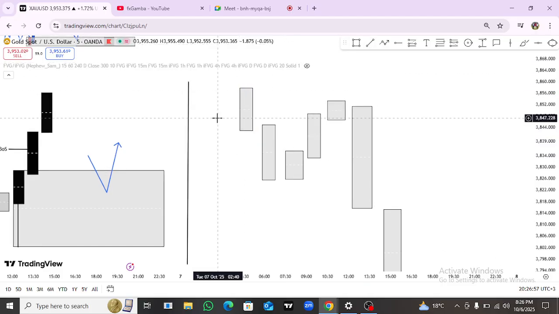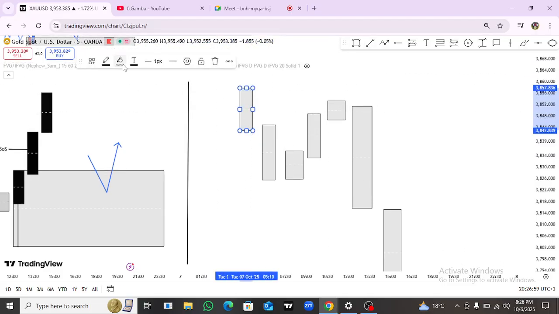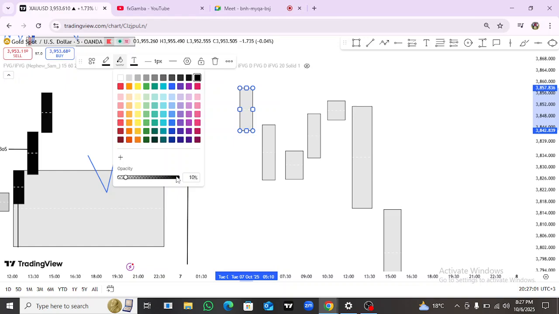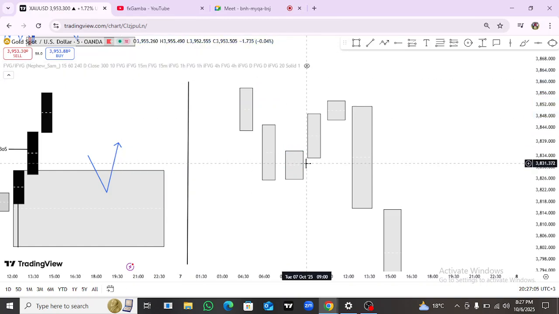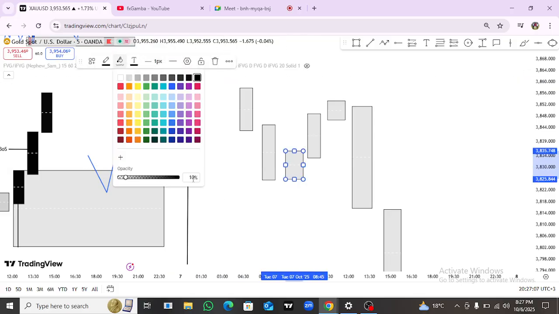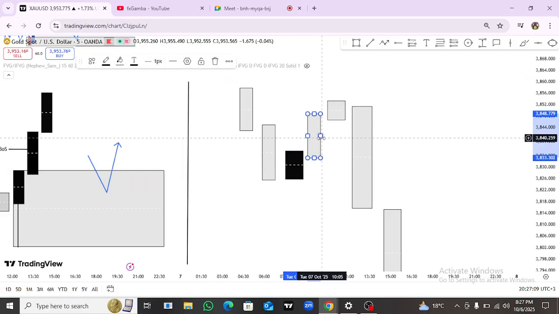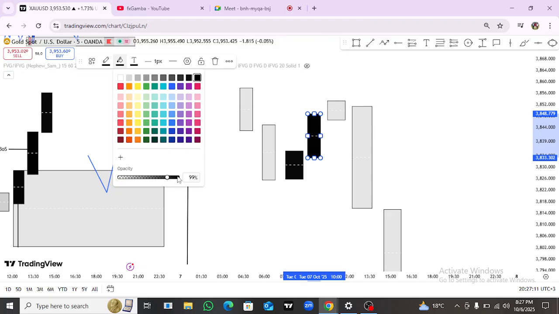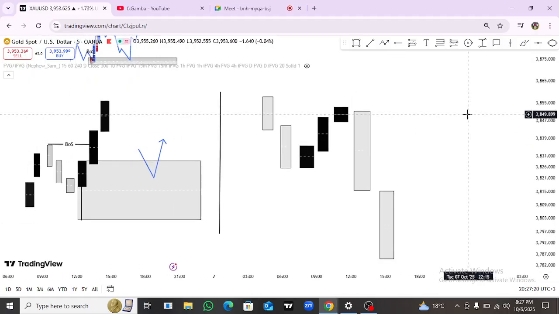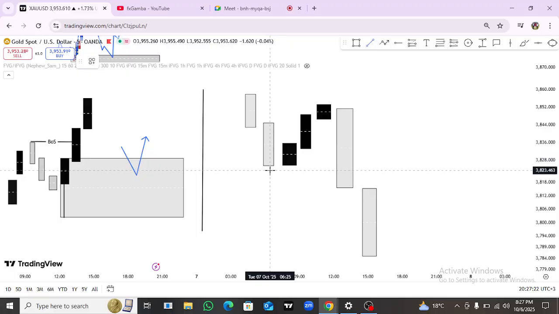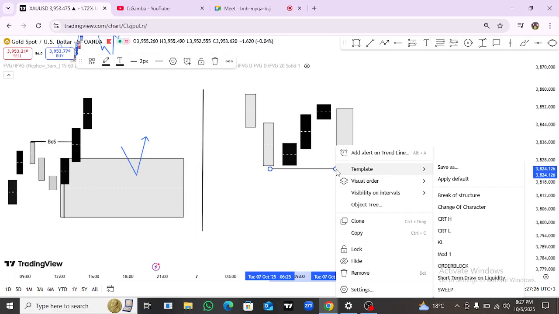So let's make this one bullish. So we have this one as our break of structure. So that's our break of structure.